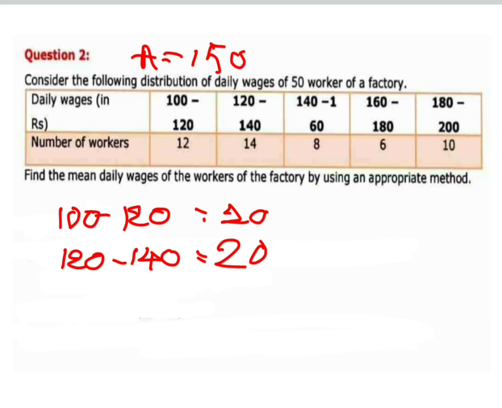So this is called the class height, h. H is equal to 20.